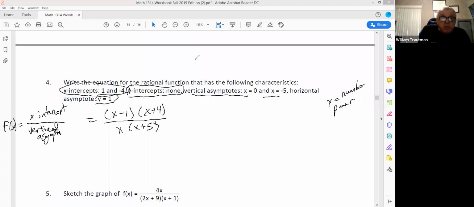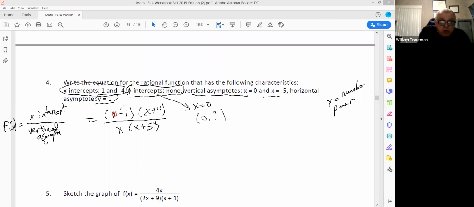Okay, well, remember y-intercepts are when x equals 0, and then we find out what the y-intercept is. Here it says there's no y-intercept. Look what happens if I put 0 into this function.